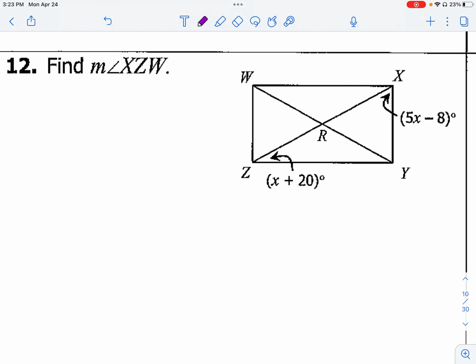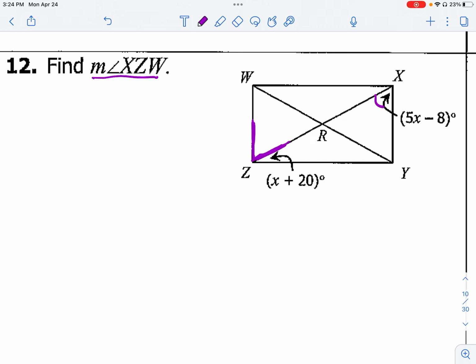Number 12. More fun with angles. So XZW, which is this one right here, is what we're trying to find.